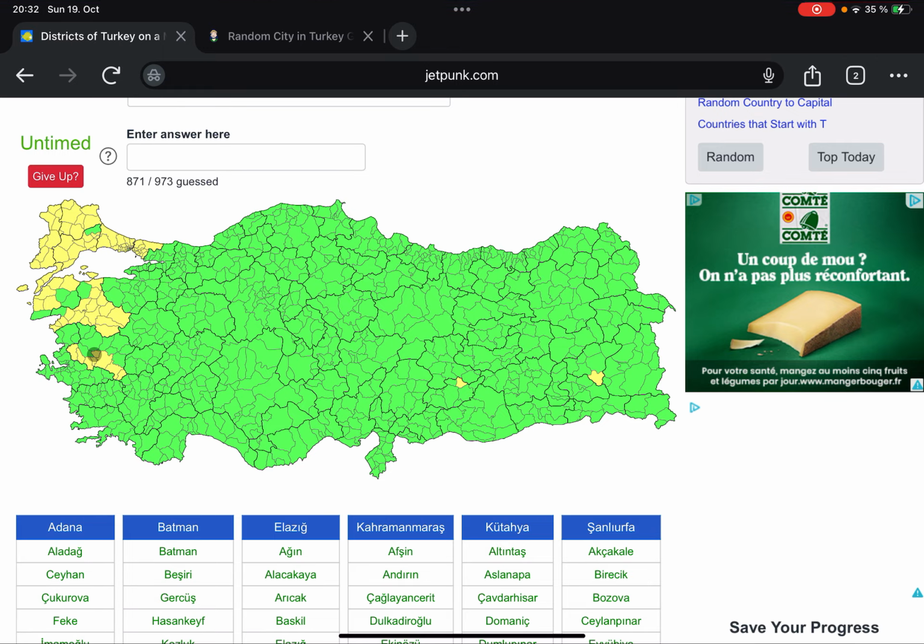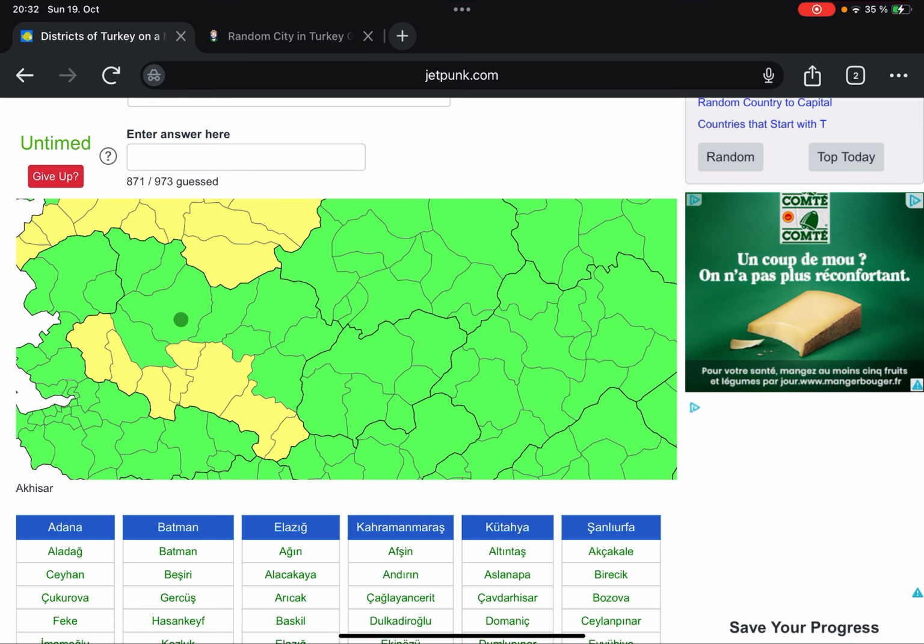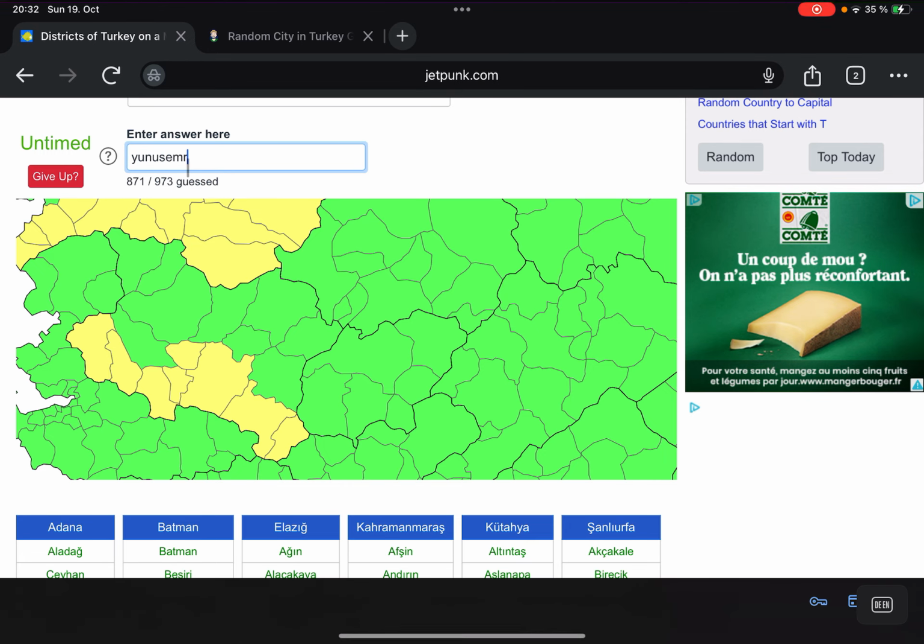Anyway, so it's Manisa province, and Manisa as well is divided into these 2 districts right here. One of them being Yunus Emre, and the other one being Şehzadeler. So yeah, then down here we have Sarıköy, not Sarıköy, Sarıgöl, basically the yellow lake, Sarıgöl.